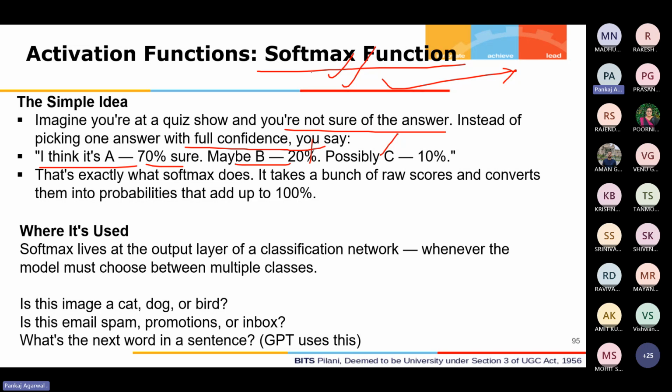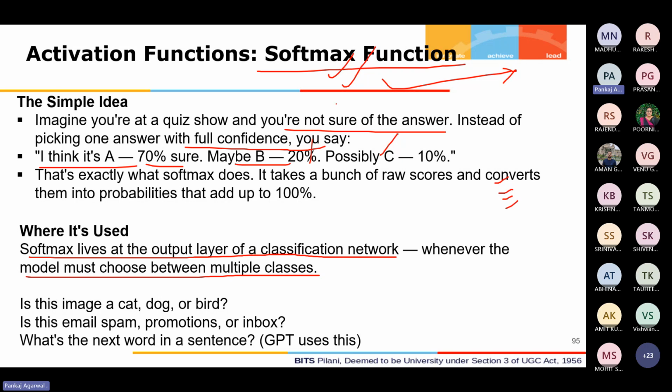What exactly is required at the output? Most of the time I need a classification task or a regression task, isn't it? That is what I need at the output layer. So softmax lives at the output layer of the classification network, wherever the model must choose between multiple classes. In the output layer, I might have multiple classes: class 1, 2, 3, 4.